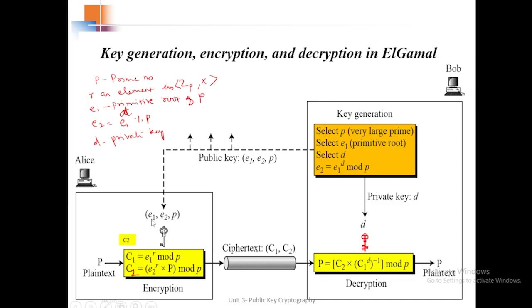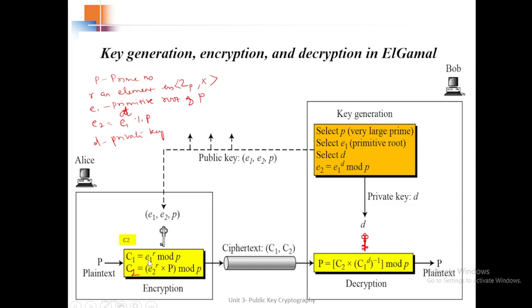So E1 is the primitive root of prime number P. E2 is a calculated value: E2 is equal to E1 power D mod P, where D is a private key. With the help of these three values, at the initiator or sender side, two values are calculated. Here capital P is taken as the plain text.